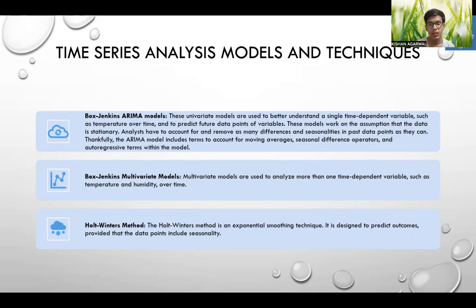It is designed to predict outcomes provided that the data points include seasonality. These are the different models and techniques for time series analysis. The first one can handle a single time dependent variable, that is the ARIMA model. The multivariate model can have more than one time dependent variable such as temperature and humidity.